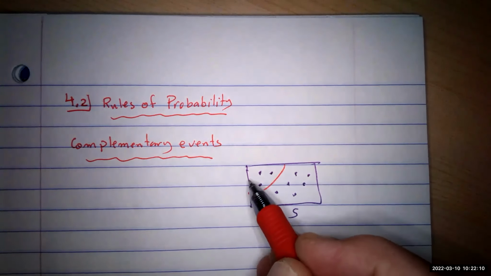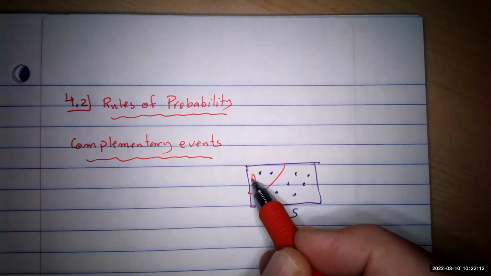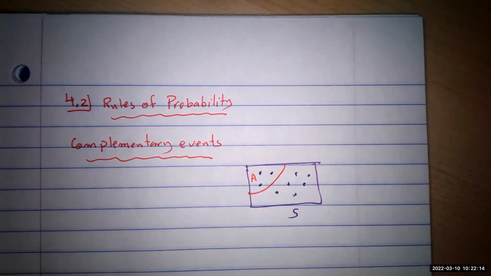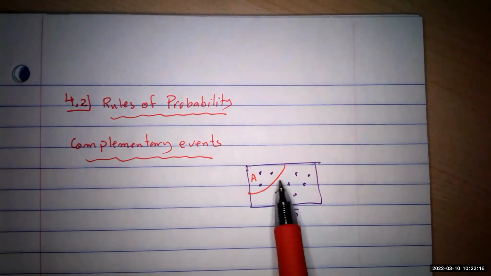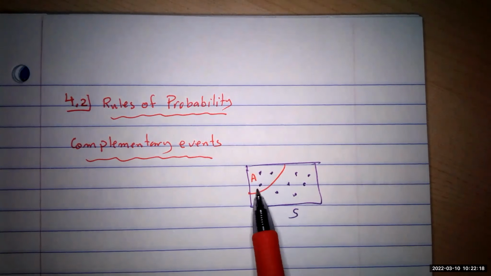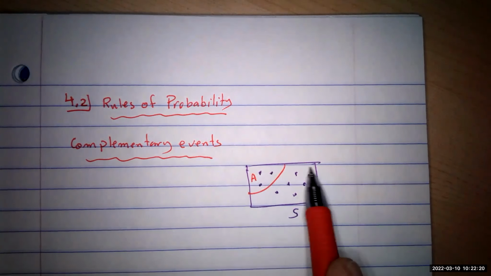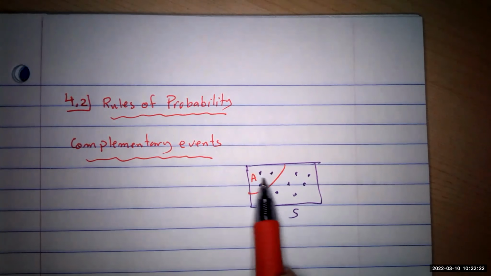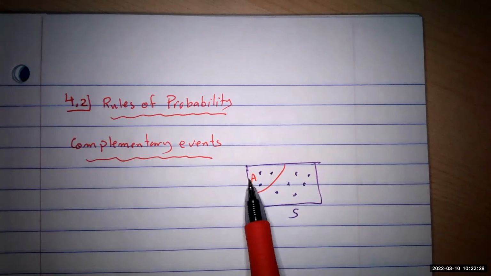So suppose this is the event A that you're interested in, containing 3 outcomes, 1, 2, 3. This big one is your sample space. These are all the possibilities. So this portion is your event.